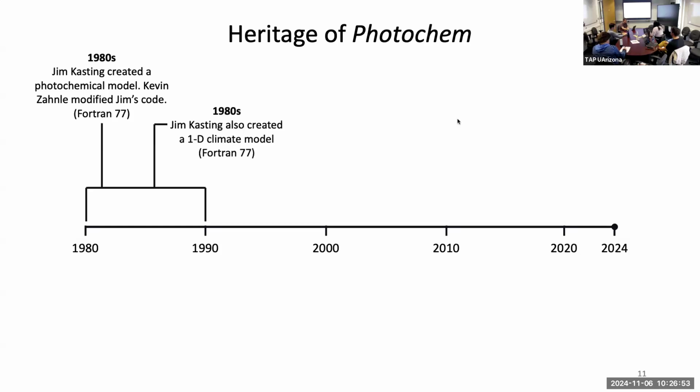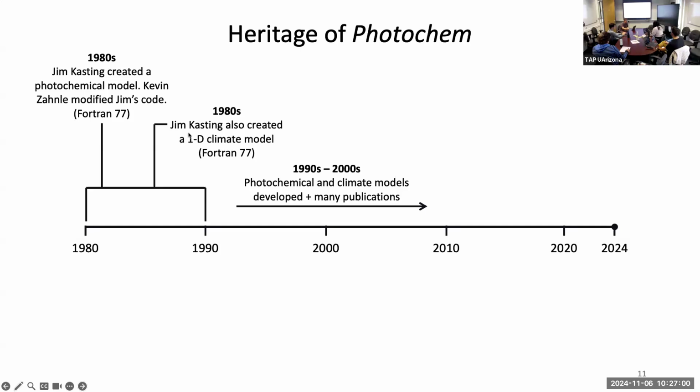And then Jim Kasting also created a 1D climate model as well. Throughout the 1990s and the 2000s, these models were developed and used in a lot of pretty classic publications.